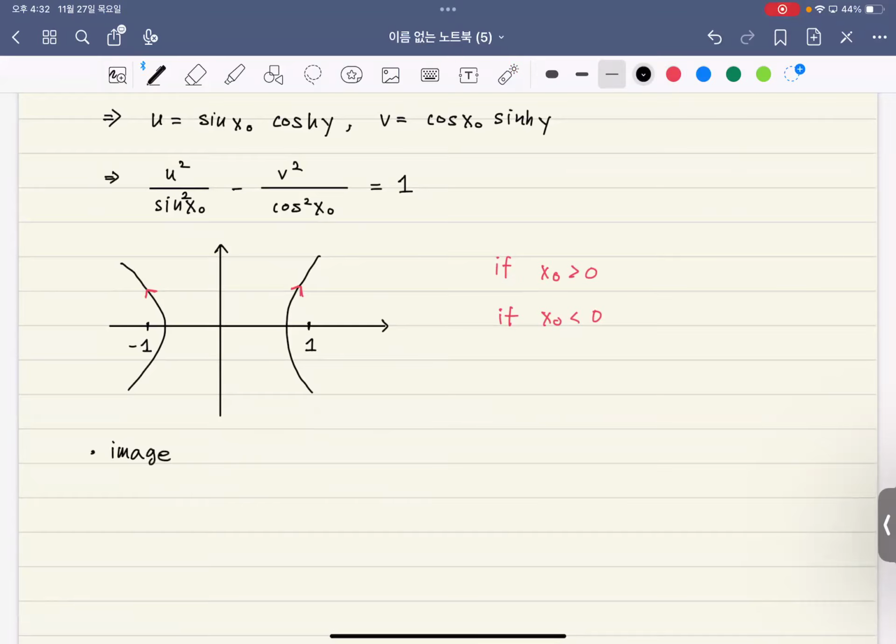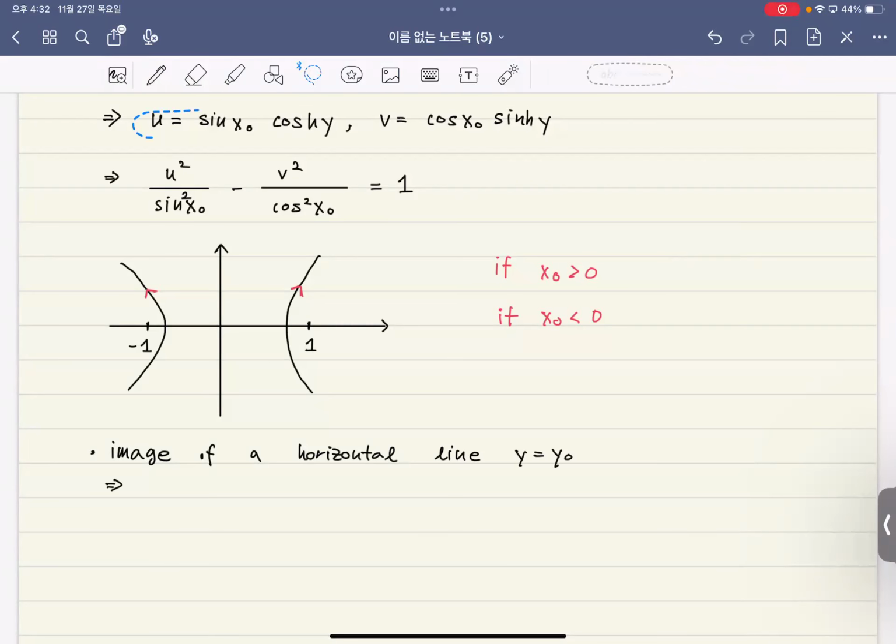Now we need to talk about the image of a horizontal line, y equals y0.